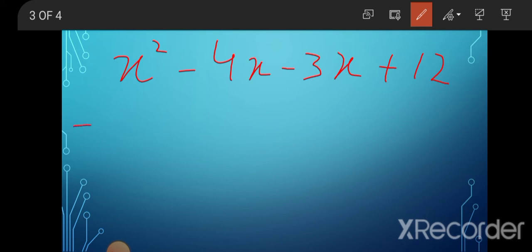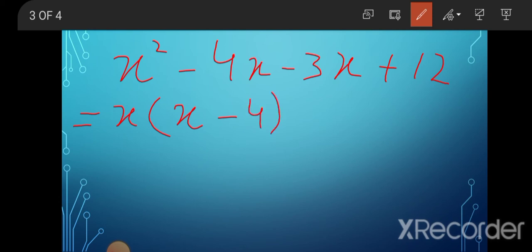Now in the next step, what we have to do is very simple. From the first pair, x squared minus 4x, you have to think what could be taken common outside the bracket. x is a factor of both terms, so x can be taken common outside. From the first term, x is left because 1 has been taken out, and from the second, 4 is left.